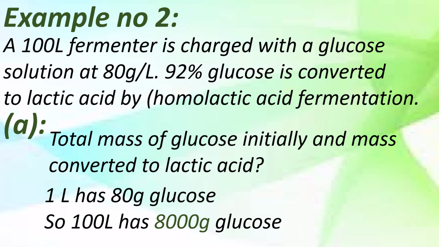Now, part A. We have to calculate the total mass of glucose initially and the mass converted to lactic acid. Since 1 liter has 80 gram glucose, 100 liter has 8000 gram glucose. So this 8000 gram glucose is the total mass of glucose initially.